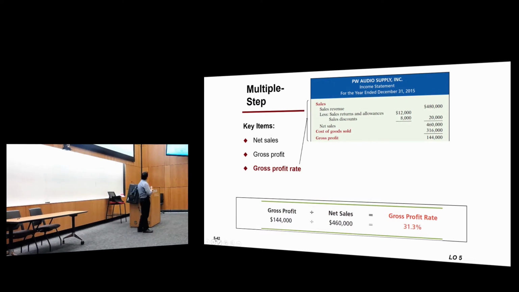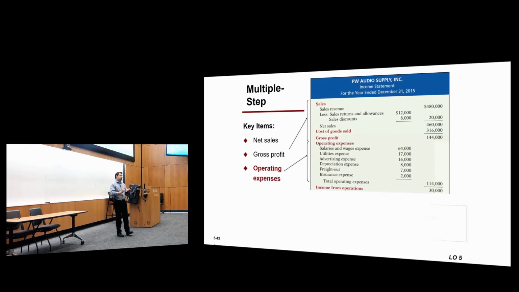Or you might be given, for example, the gross profit rate, and you have to calculate the cost of goods sold. So you will have to do it backwards. Like reverse engineer how we got to the gross profit rate. You start from gross profit rate to gross profit and net sales, and then you calculate the cost of goods sold. Okay?